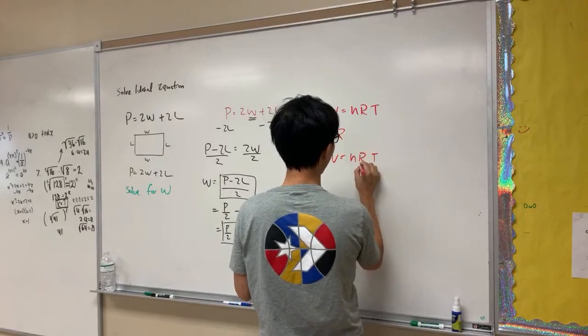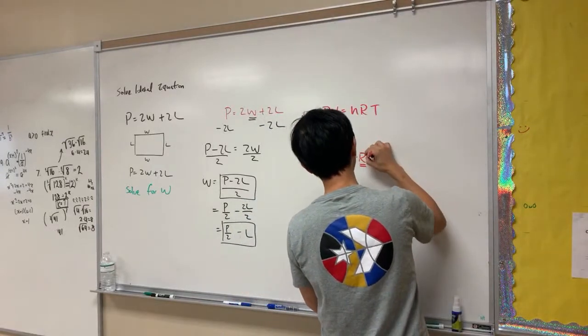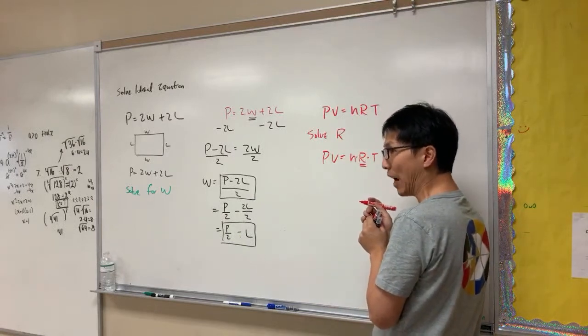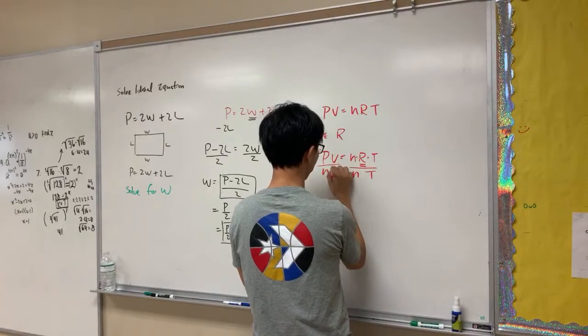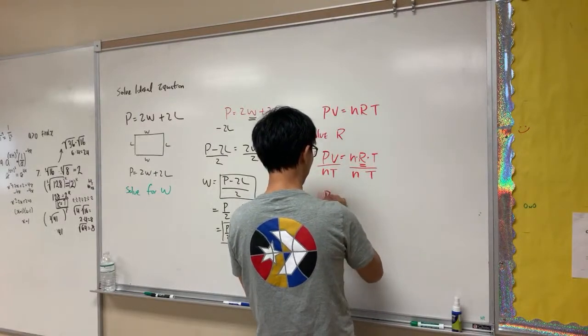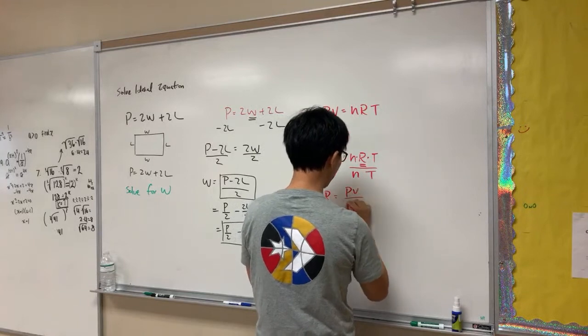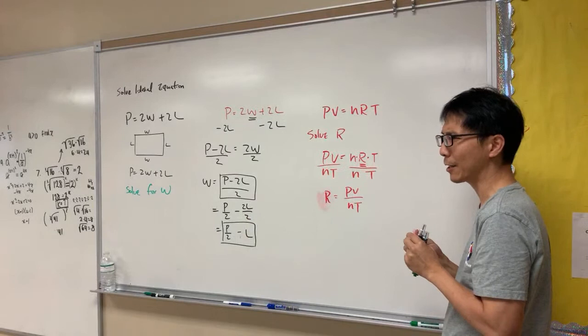If we're solving for R, since they are multiplied, I can get rid of the NT by dividing. So R is equal to PV over NT, which is a constant. I think it's 8 point something.